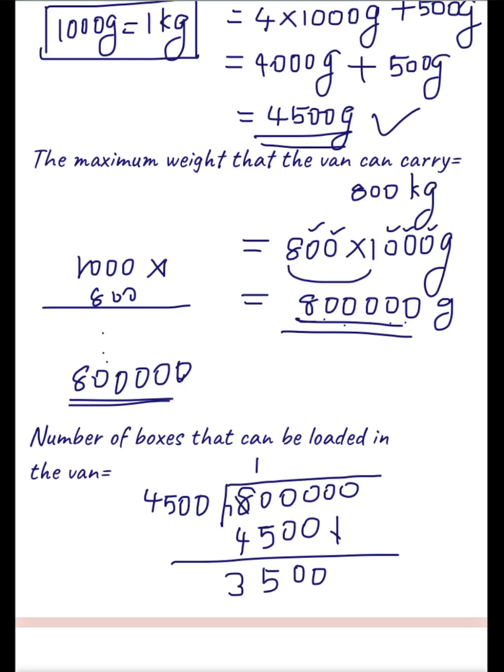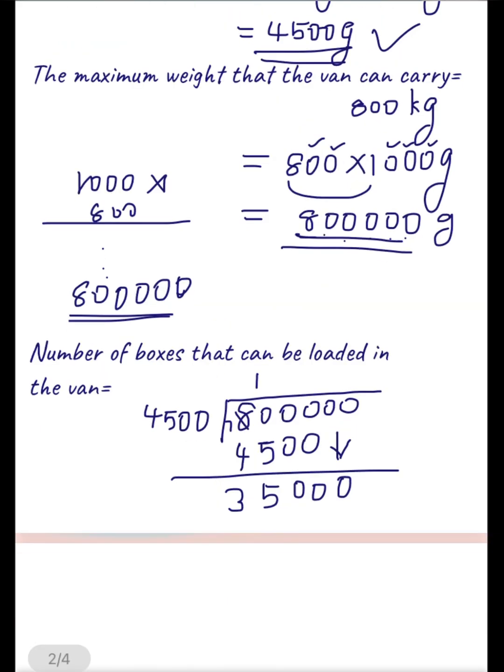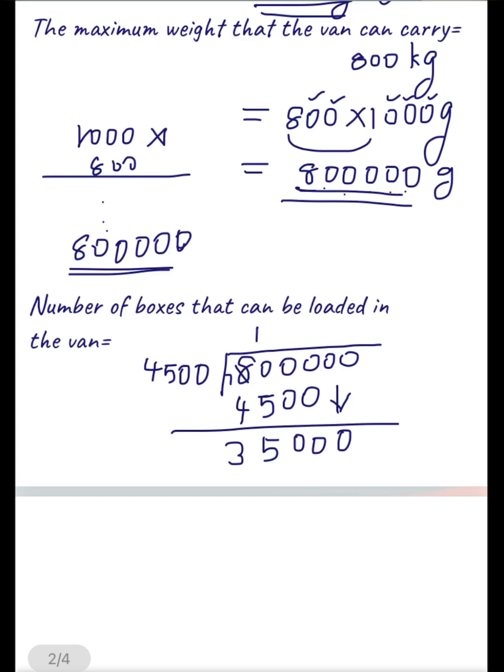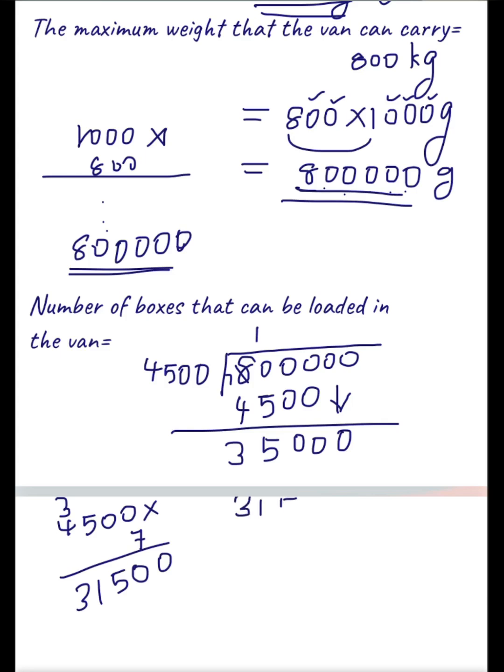So 3500, and it will come here, so 35,000. Now let's see 4500 into 7. So 0, 0, 35, carry 3. 28, 29, 30, 31. So 31500, and 7 will come here.